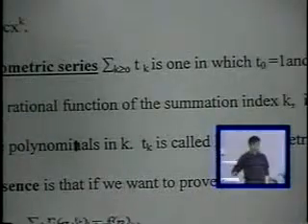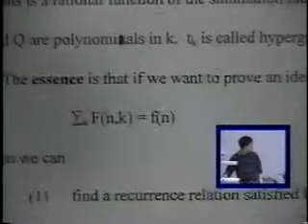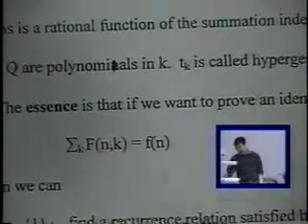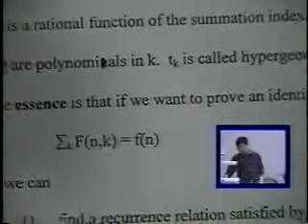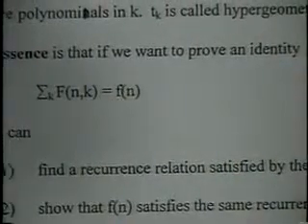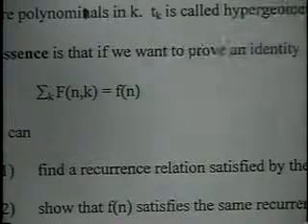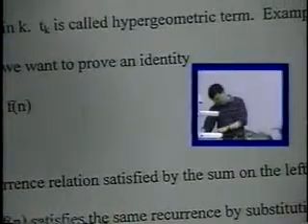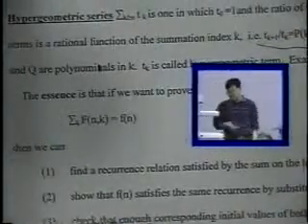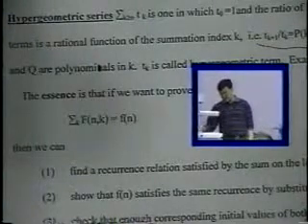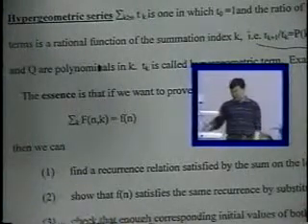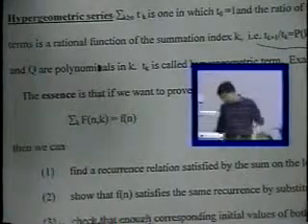So the principle of the automatic proof is that we want to prove this identity. First we find a recurrence relation satisfied by the sum of the left side, f(n, k). The next step is to show that the right side satisfies the same recurrence by substitution, and the last step checks that enough corresponding initial values of both sides are equal to each other.